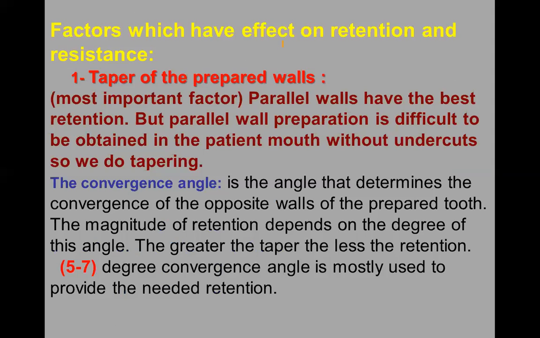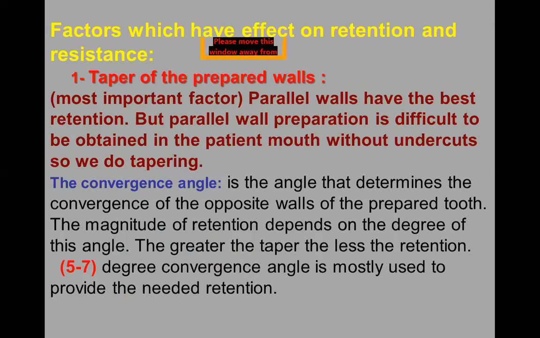Now, retention is very important, as we said, and we want to see the factors which may affect retention. The first one, considered the most important factor, is parallelism, or the relation between the opposite walls.